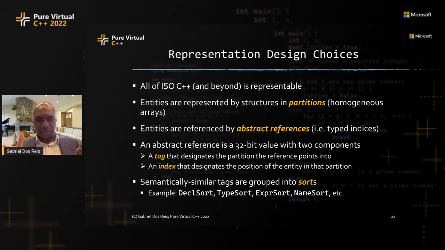So we have a bunch of data in homogeneous arrays, and then we refer to the entries of the partitions by abstract references. And every abstract reference is a 32-bit value. There is a portion that's a tag, and there's a portion that's an index into a partition. So when you get an abstract reference, if you know the tag and you know the index, you're good to go and fetch the entity that you're referring to.